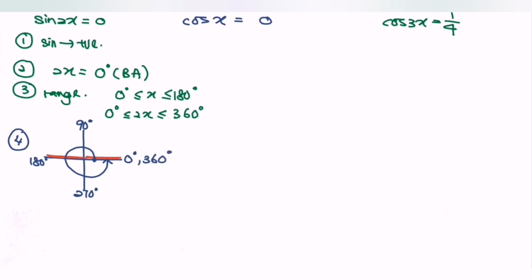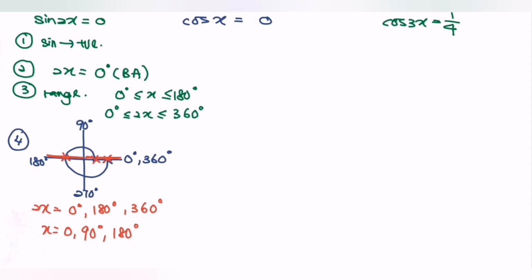In here, our final solution will be 2x equals 0, followed by 180, and finally 360. So x equals 0, 90 degrees, and 180. So that is the solution for the first part.